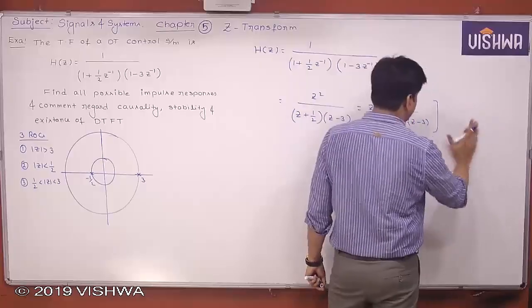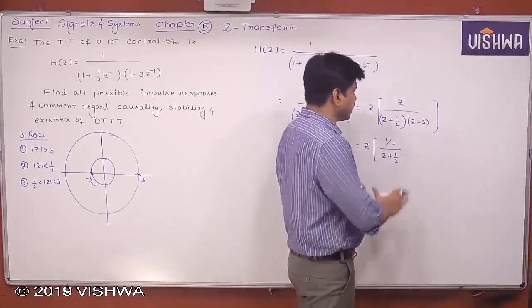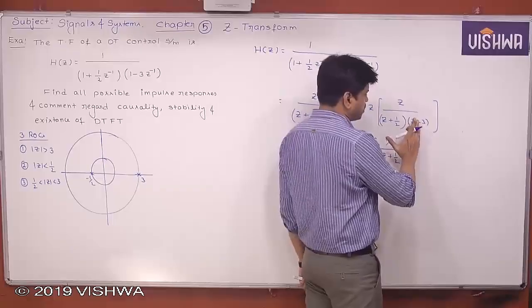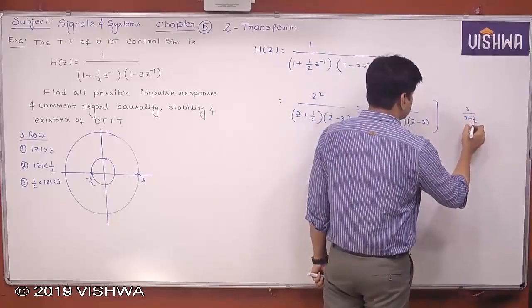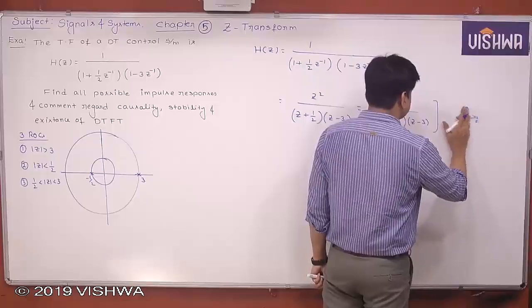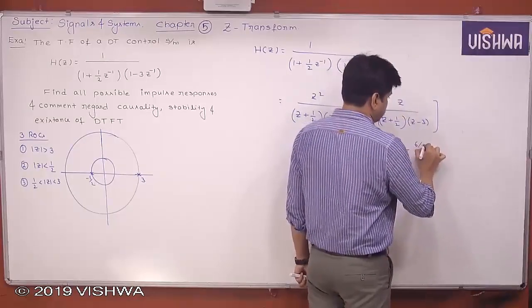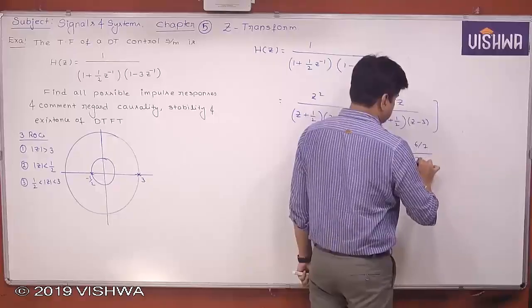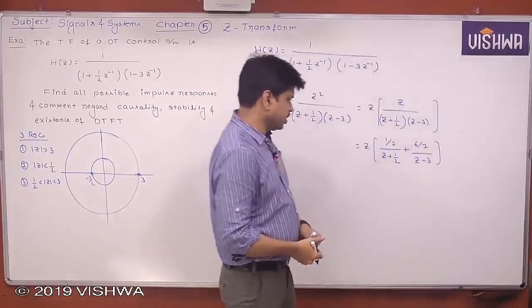Next, we calculate the partial fraction for z minus 3. By covering z minus 3, we place 3: 3 by 3 plus 1 by 2, which is nothing but 6 by 7. So this is plus 6 by 7 by z minus 3.